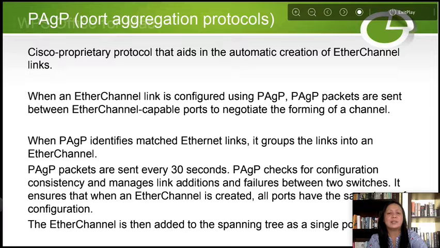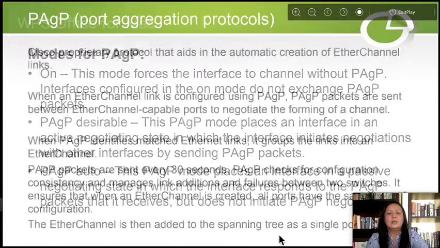Also, the PAgP packets are sent every 30 seconds. PAgP checks for configuration consistency and manages link additions and failures between two switches. It ensures that when an EtherChannel is created, all ports have the same configuration. The last point is that the EtherChannel is then added to the spanning tree as a single port.